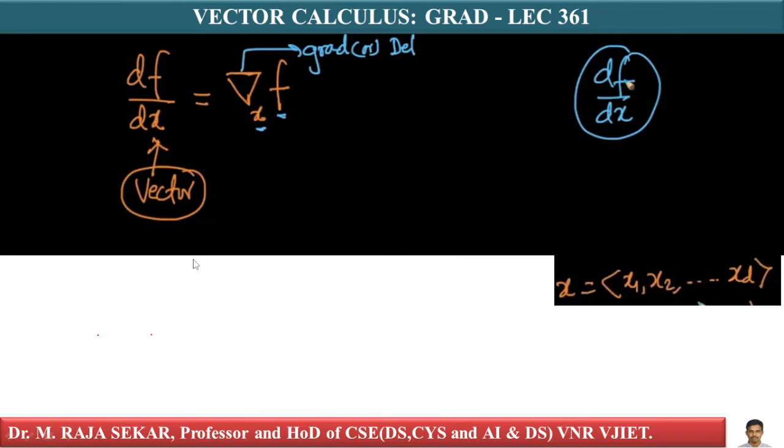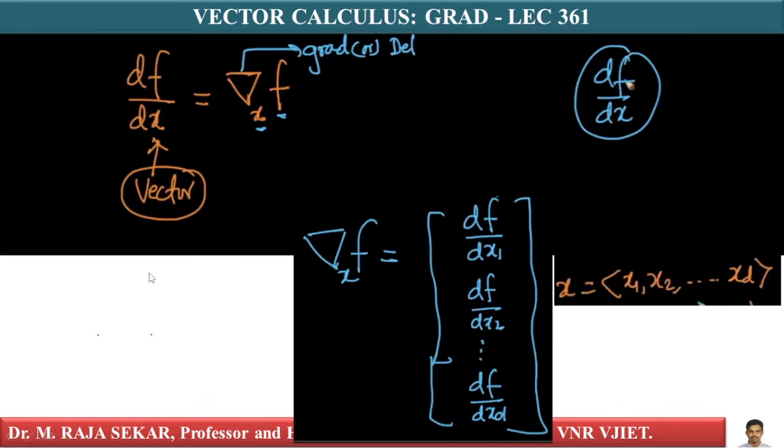Now, what is del f with respect to x? It is df by dx1, df by dx2, up to df by dxd. Here x is a d-dimensional vector. So when you do vector differentiation, the result you get is also a vector, isn't it?